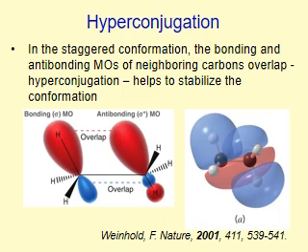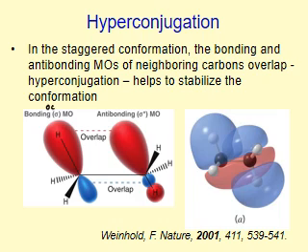If we look at the staggered conformation, both of the carbons are going to have bonding and anti-bonding molecular orbitals, but in this diagram we're just showing the bonding one on one carbon and the anti-bonding on the other carbon. And the same thing would happen vice versa.